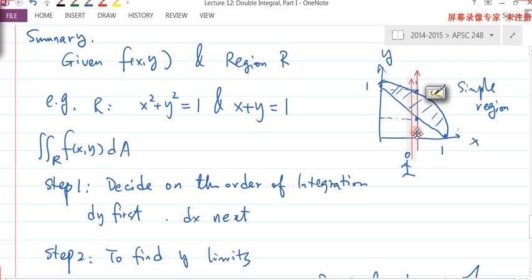In this particular case, pretty simple. What's the x range? 0 to 1, right? 0 to 1.